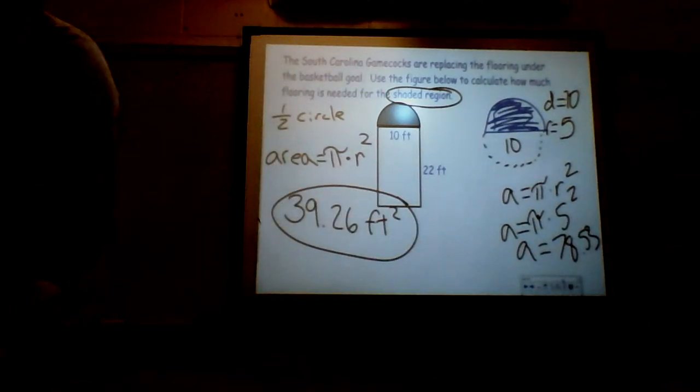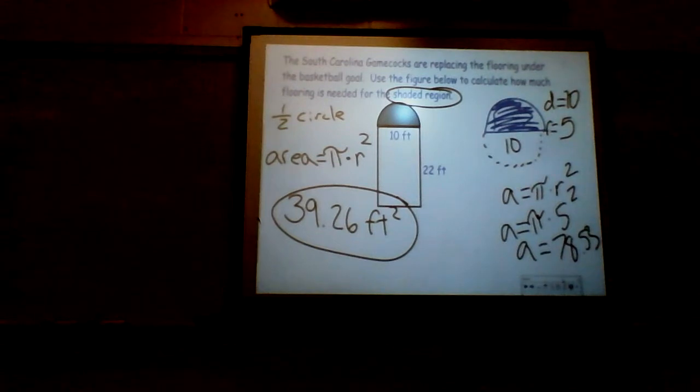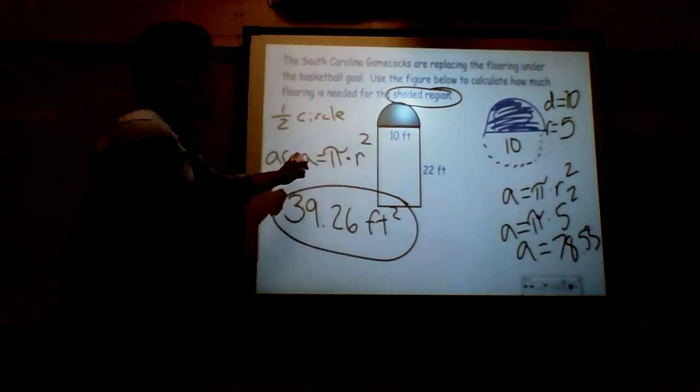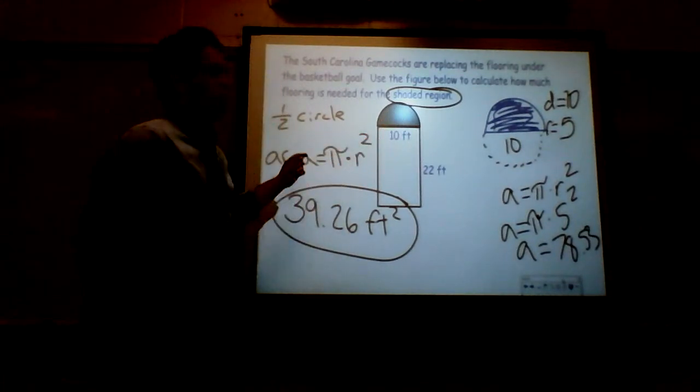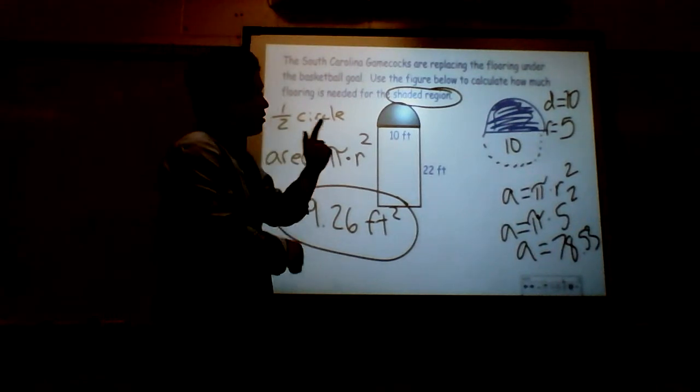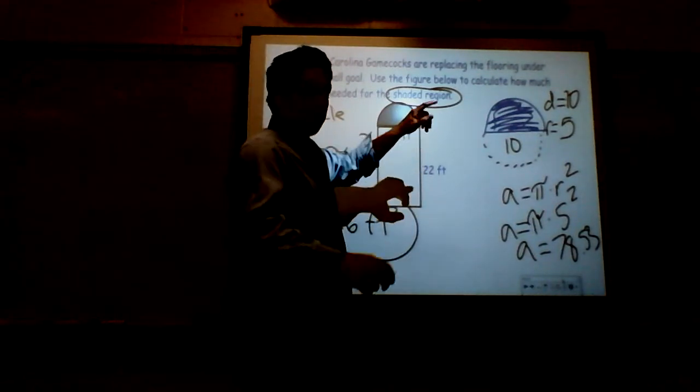Just to talk through this again, and please feel free to rewind if you need to. We were determining how much flooring would be needed for the shaded region. To the left, I put some information I noticed. Well, I had half of a circle. That's what's shaded. I also wrote the formula for the area of a circle. I thought to myself, okay, self, here's my circle.